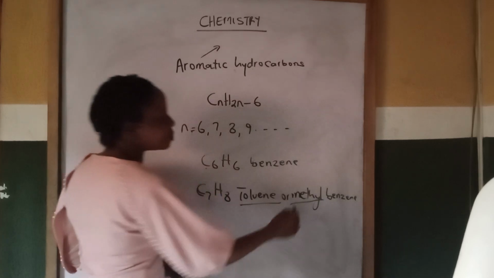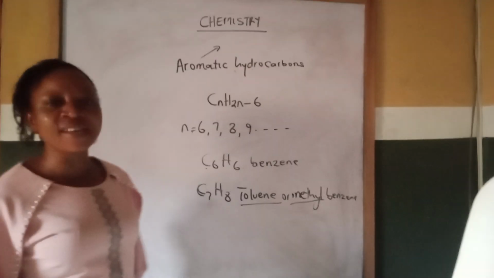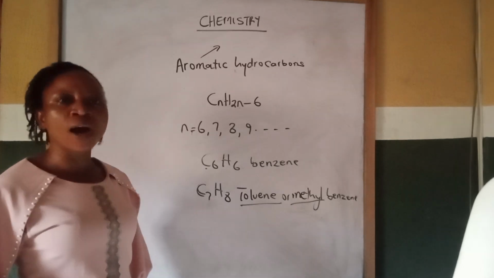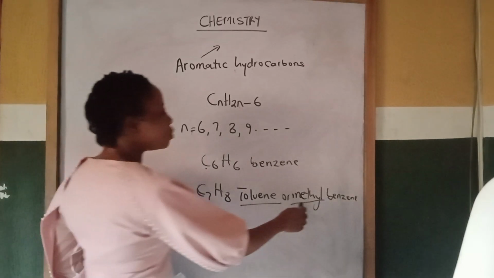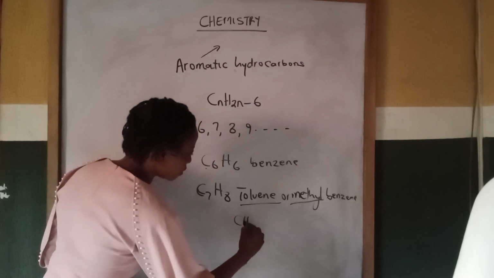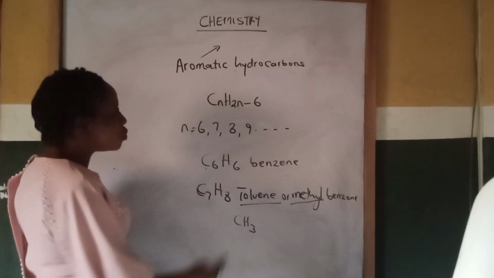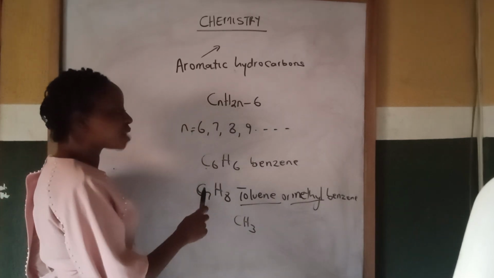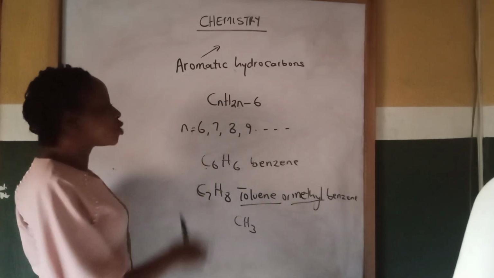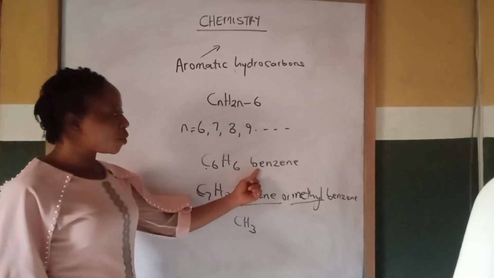Then what is methyl? Don't forget that methyl is an alkyl group, a member of the alkyls. The molecular formula for methyl is CH3. I said other aromatic hydrocarbons are derived from benzene.